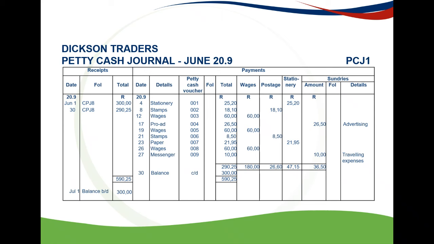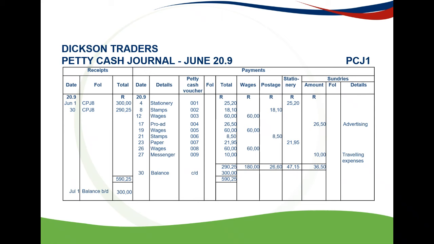Now, if we look at these transactions, on the 1st of June you've received an imprest for 300 Rand. Then on the 4th of June, someone wanted to buy some stationery, which cost 25 Rand 20 cents. On the 8th, somebody needed to buy stamps for 18 Rand 10 cents.